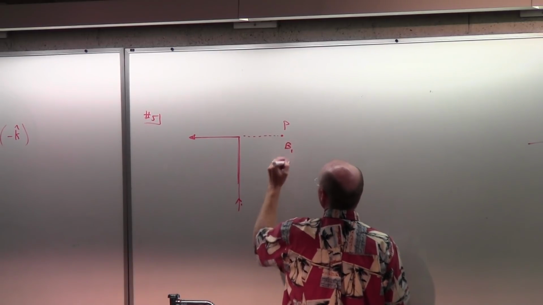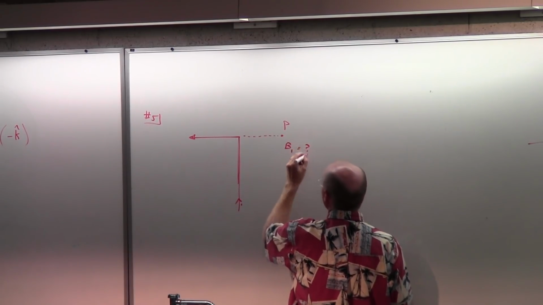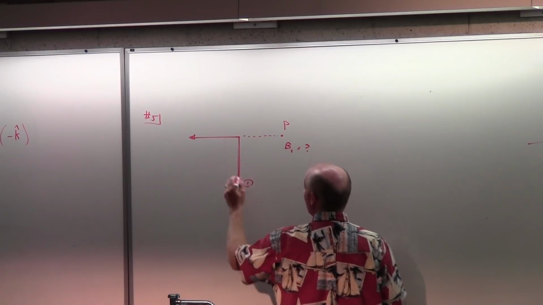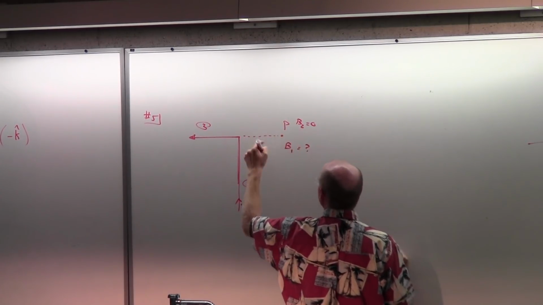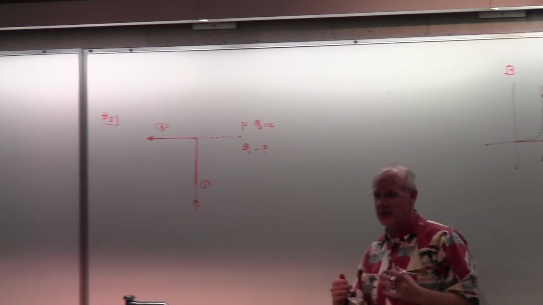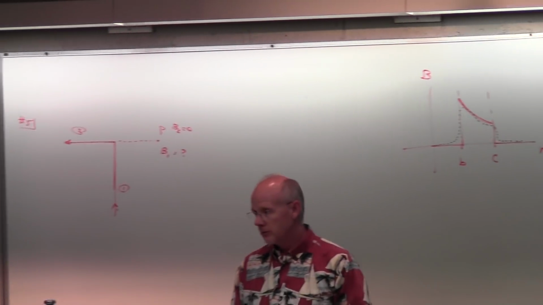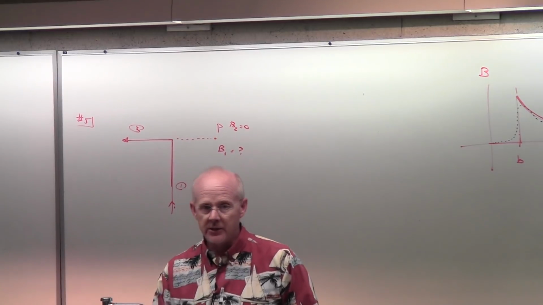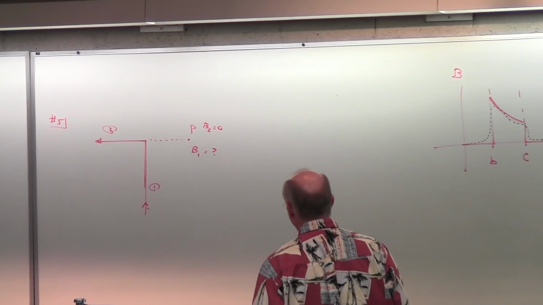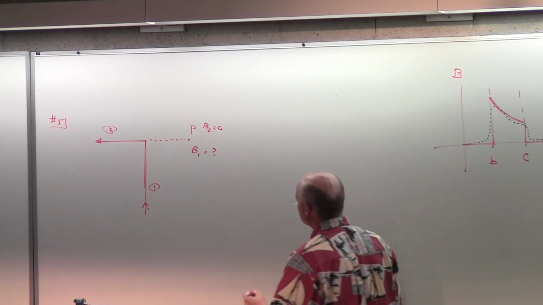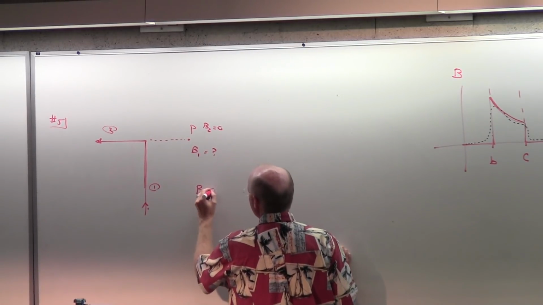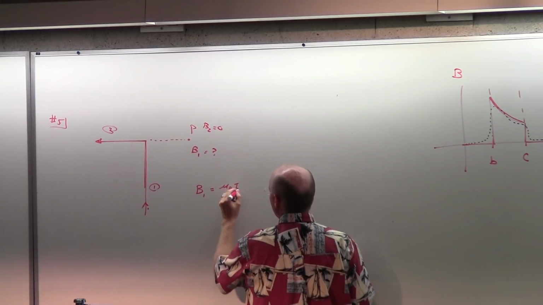If I call this magnetic field number 1 created by wire number 1, and magnetic field number 2 coming from wire number 2, I can say the magnetic field from number 2 is 0. Okay? And so there is no effect there. And now I can ask, what is magnetic field number 1?